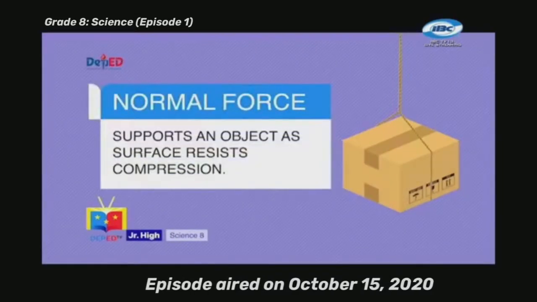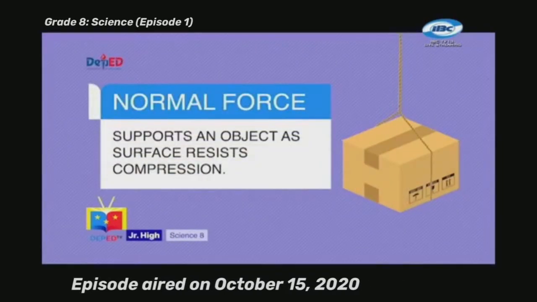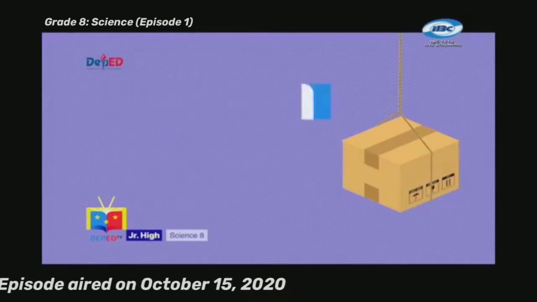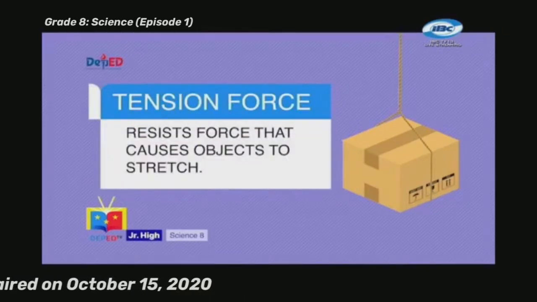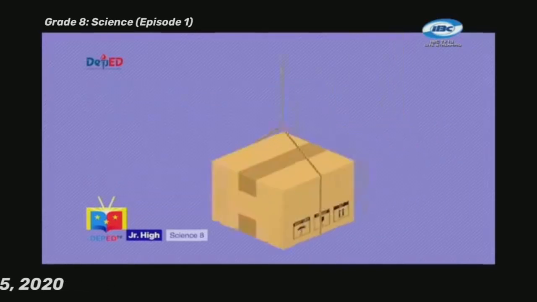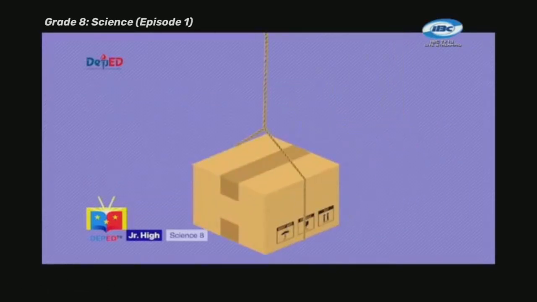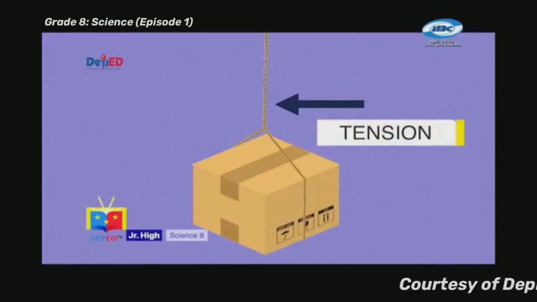If the normal force supports an object as surface resists compression, the tension force resists force that causes objects to stretch. Let's take as example when we hang a box using a rope. The rope applies force to the box, which makes it resist being stretched out. This results to tension.